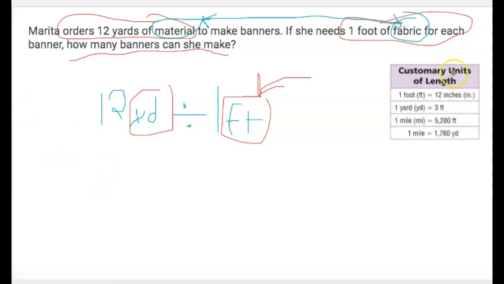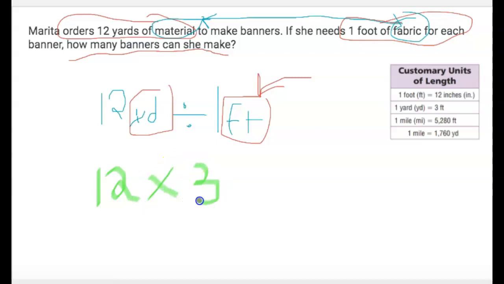Well, let's look over here at what I know. I know that 1 yard equals 3 feet. So this time, instead of dividing, I'm going to have to multiply, because every 1 yard is going to equal 3 feet. So if I have 12 yards, I have 3 feet 12 times.